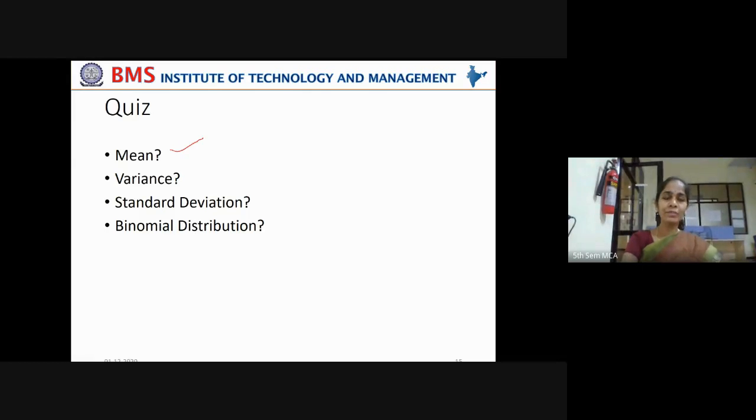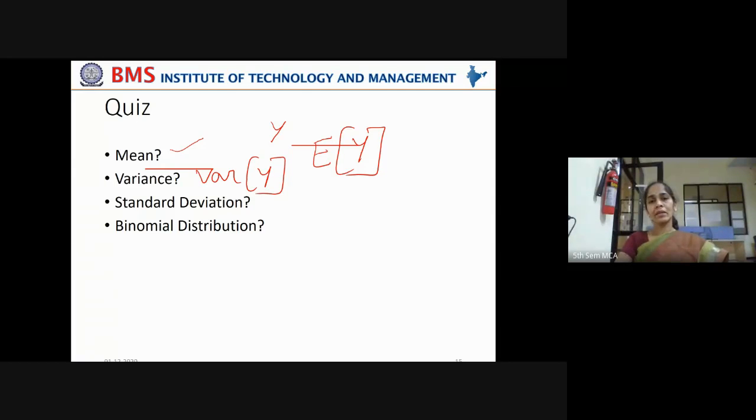Okay, now tell me, what is mean? How is it represented? Students, mean or expected value, how is it represented? The mean of a random variable y is represented as E of y, the expected value of y. Now, how is the variance of a random variable represented? Variance of y. Now, tell me, how is the standard deviation represented?